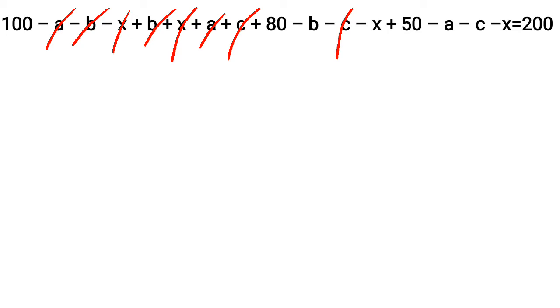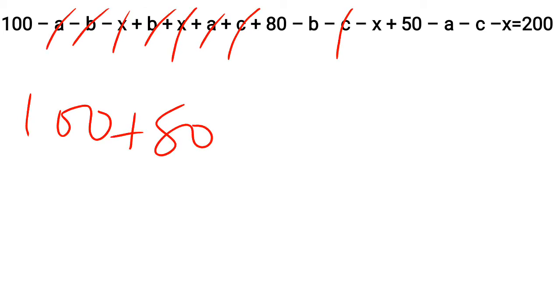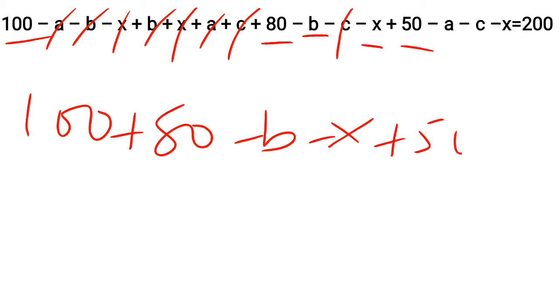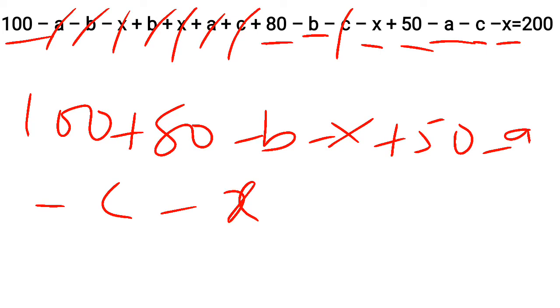So I'll be left with 100 plus 80 minus B minus X, plus 50 minus A minus C minus another X, and that should be equal to 200.